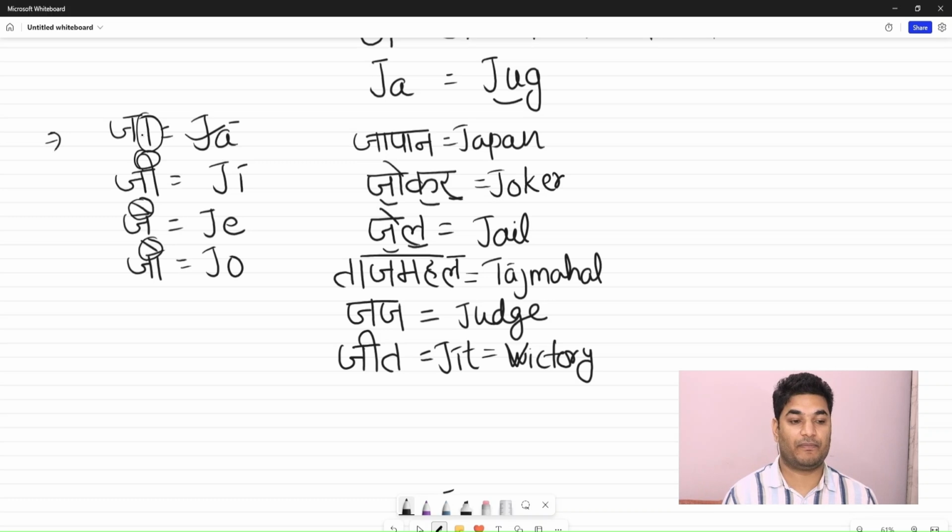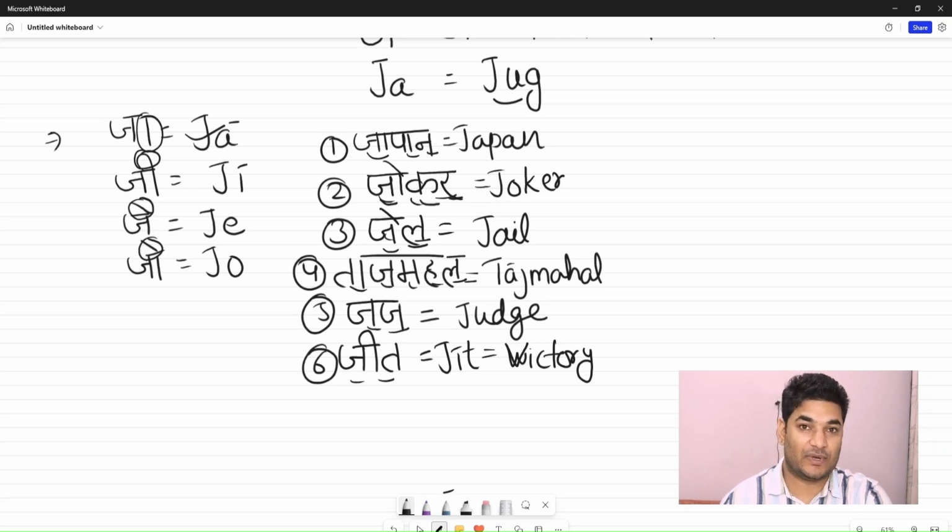You see, we have practiced with all the vowel matras: Japan, Joker, jail, Taj Mahal, judge, jeet. How many words we did? 1, 2, 3, 4, 5, 6. We did 6 words. Okay.